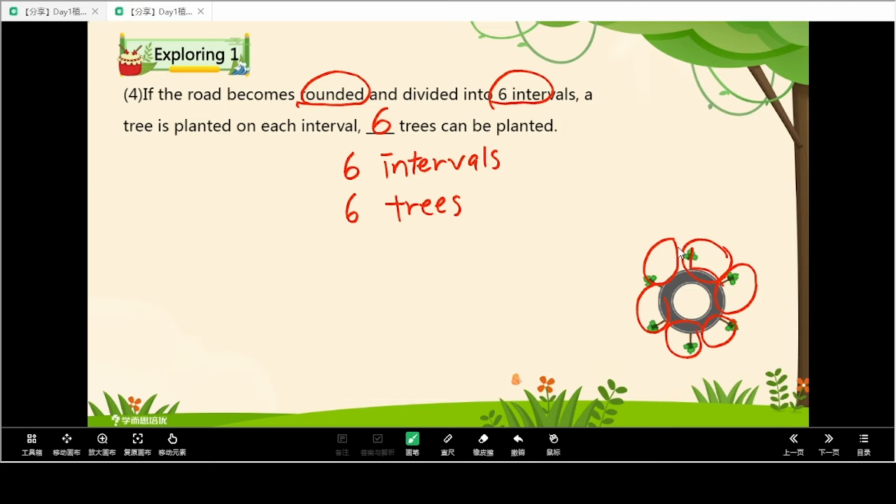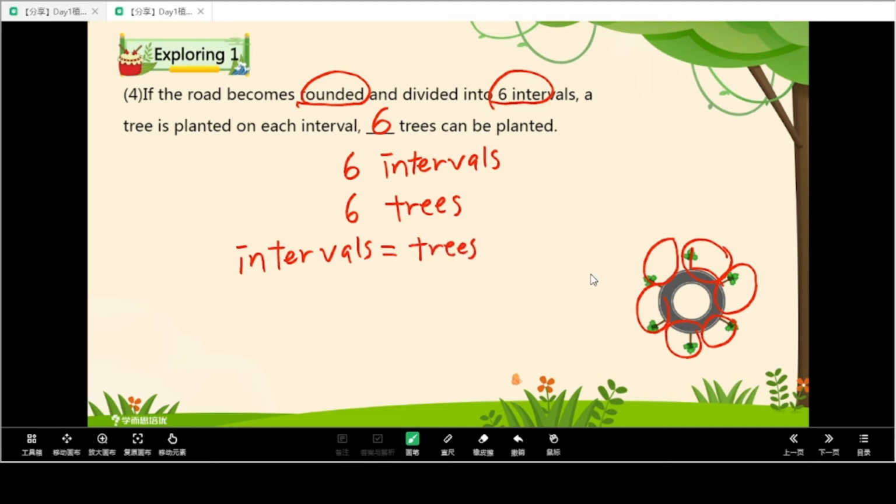Are there any left behind? No, they are all packaged, which means that the number of trees equals the number of intervals. And we can write it down again, the number of intervals equals to the number of trees.